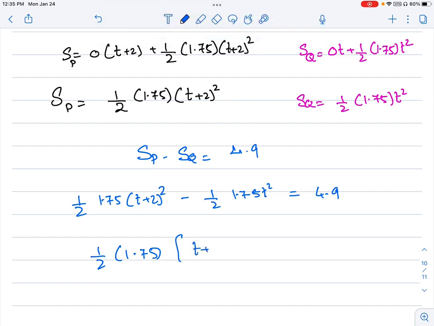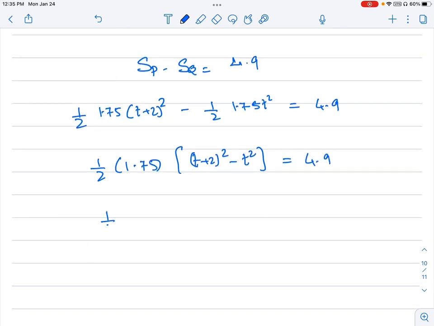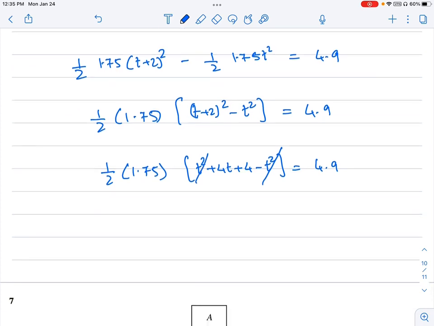So it becomes (t plus 2) whole squared minus t squared, and t squared plus 4t plus 4 minus t squared, is equal to 4.9 times 2 divided by 1.75. t squared cancels. So 4t plus 4 should be equal to 4.9 times 2 divided by 1.75. 4t should be equal to 9.8 divided by 1.75 minus 4.